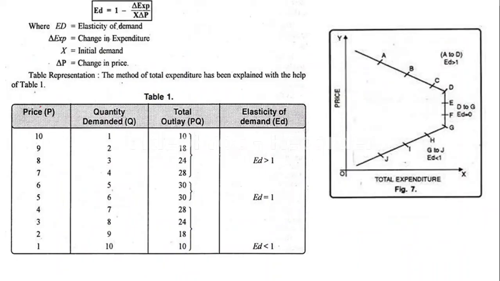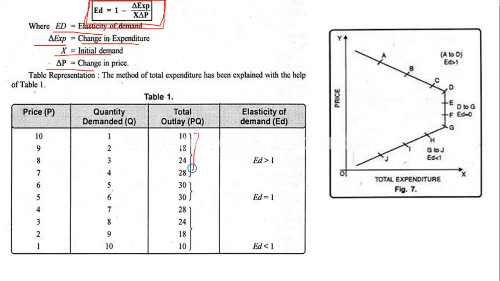To calculate elasticity of demand using the expenditure method, ED is equal to 1 minus change in expenditure divided by change in price, into x, where ED means elasticity of demand, delta EXP means change in expenditure, x means initial demand, and delta P is change in price.